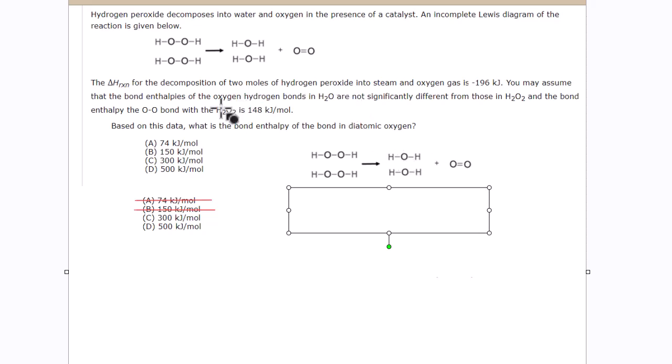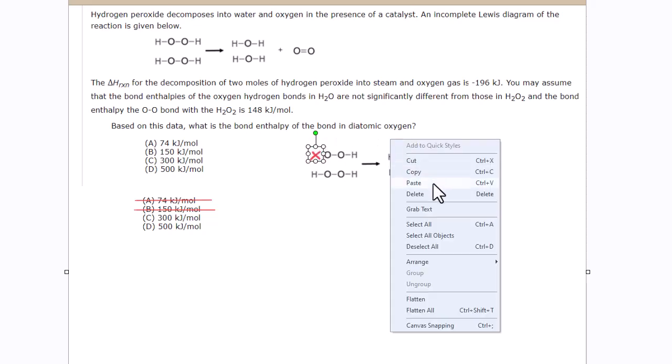But they give us a hint here saying that the oxygen-hydrogen bonds, these OHs, are not different from our reactant to our product. So to simplify things, we could simply say, well, this OH bond hasn't changed. It's the same before and after.